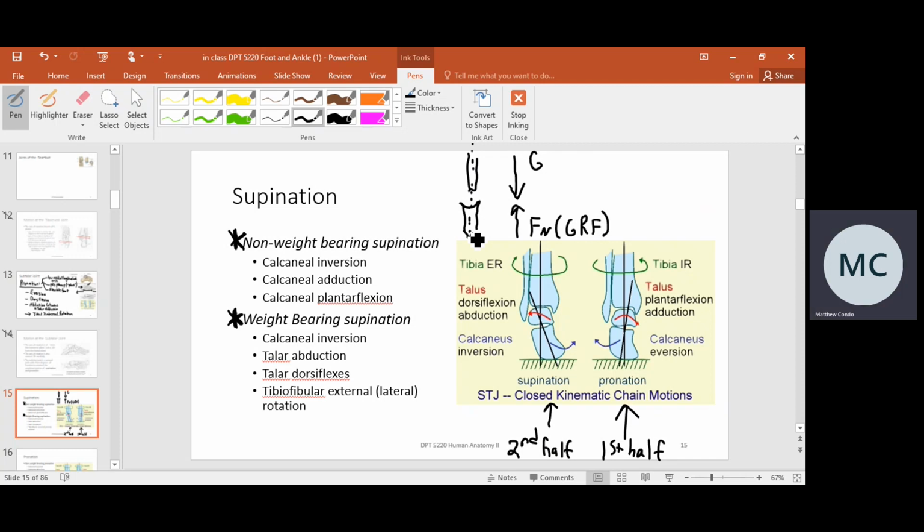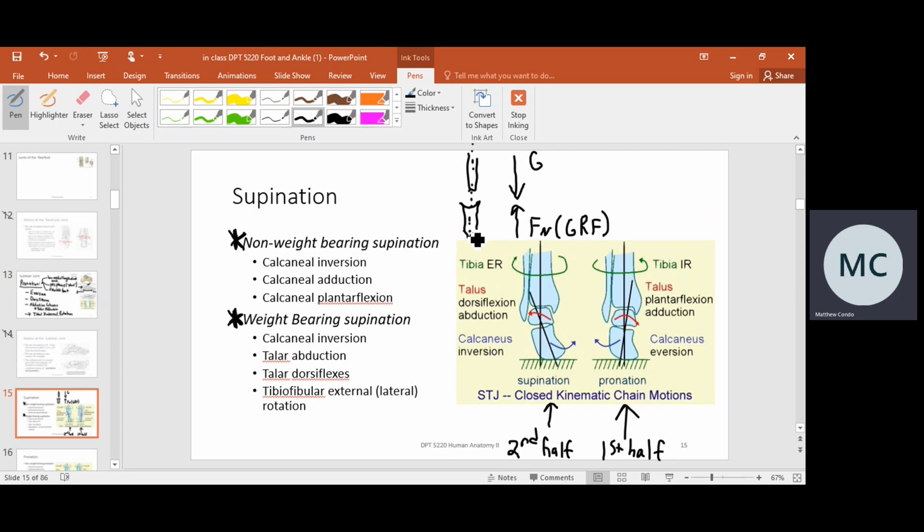Therefore, translating the most amount of muscle contraction against the floor, because I know the floor is going to be there to push back against me. And that's how I can propel myself during gait, is that ground reaction force pushes me. I push against the ground, it pushes back against me.